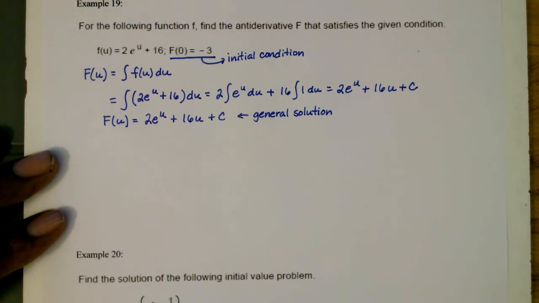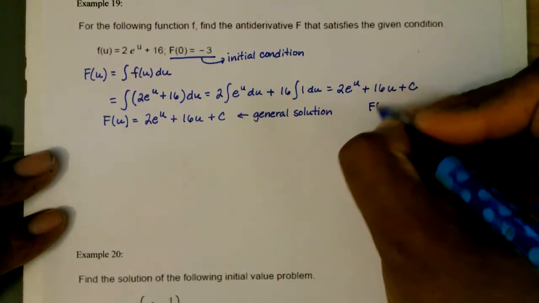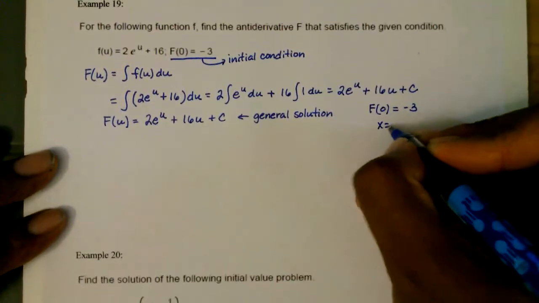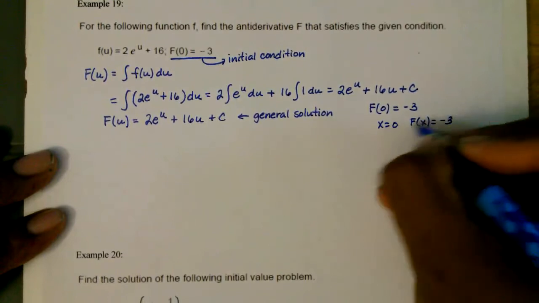All right. Now we got our initial condition that's going to help us find the particular solution. Here we got f of 0 equal to -3. And what that means here is this. x is 0 and f of x has to be equal to -3.